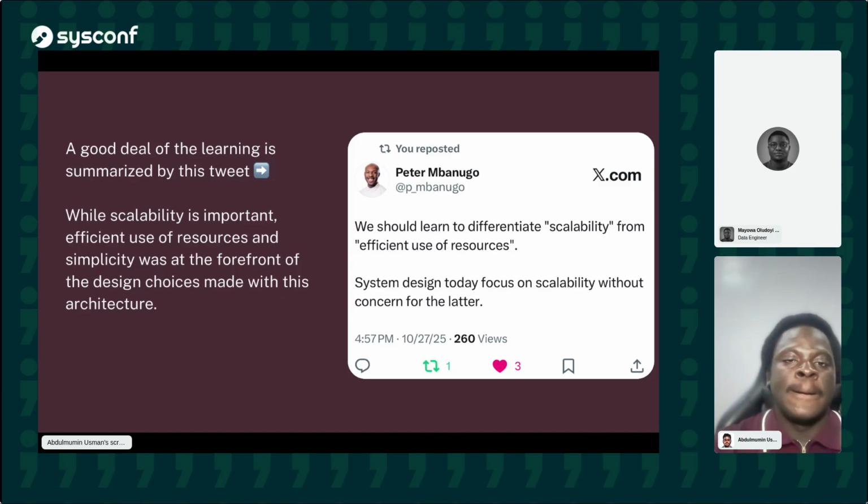It makes you reflect on your design choices. So the key learning here is that whenever we are thinking about system design, aside from scalability, maybe you should also think about resource use.